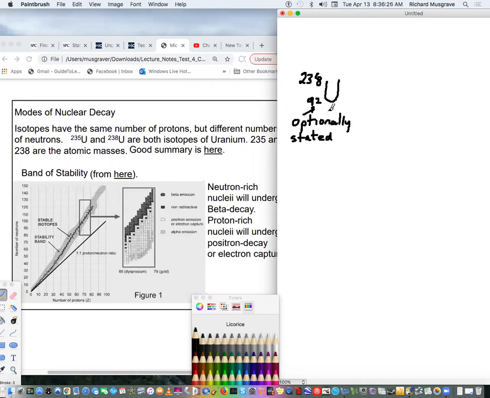That is the atomic number, the number of protons. And of course, the 238 is the mass number, which we already agreed is equal to the number of protons plus the number of neutrons. So we can easily get the number of neutrons by subtracting the number of protons from the mass number. So 238 minus 92 will give us the number of neutrons involved. We don't really need to do that here, but I'm just pointing out what this is showing.